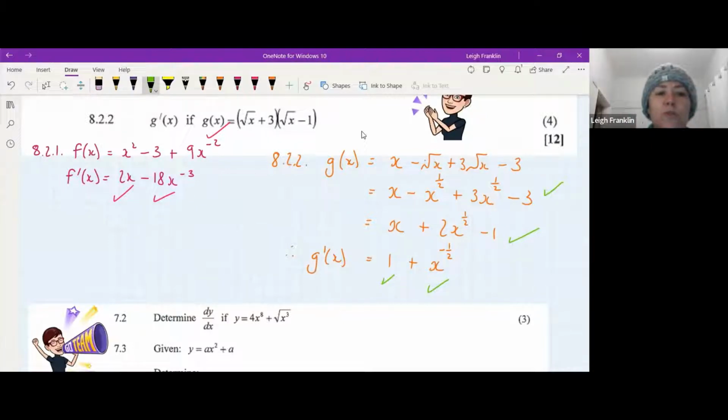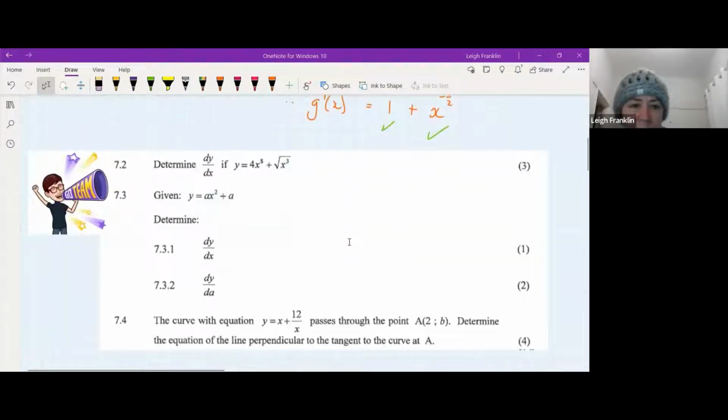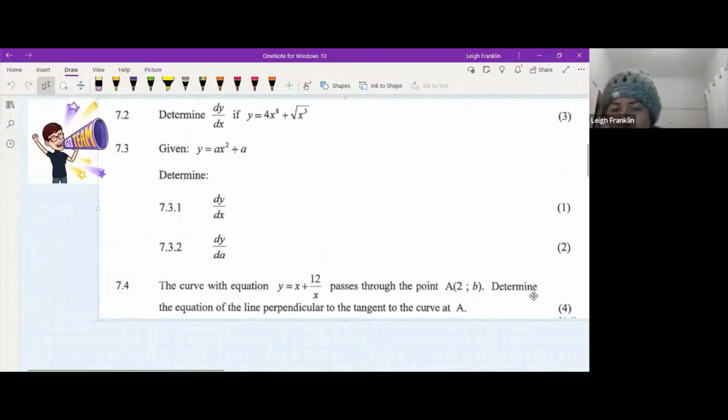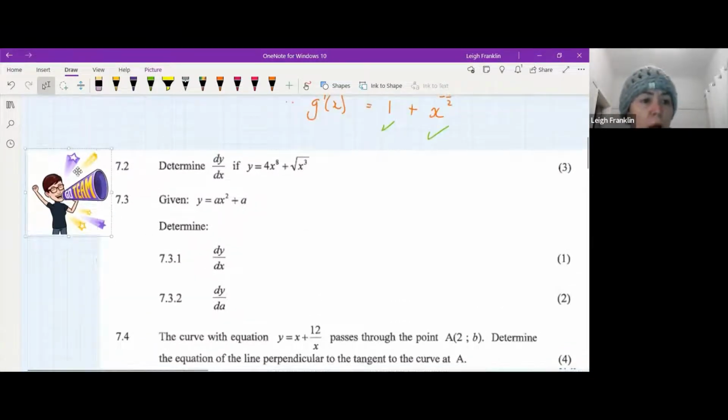Okay, so those ones really were not that difficult. Hopefully that'll be some accessible, nice marks for you at the end of the year. Cool beans. All right, now let's go on and have a look at this. Now, I know that you can do question 7.2 very easily. We've warmed up already, so I don't think there's any need for us to do 7.2 unless you particularly want to.